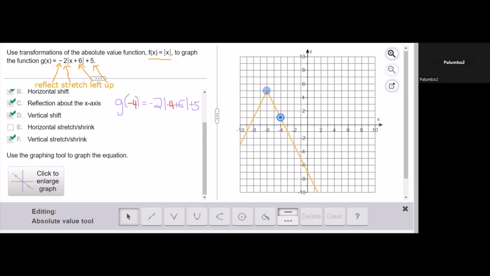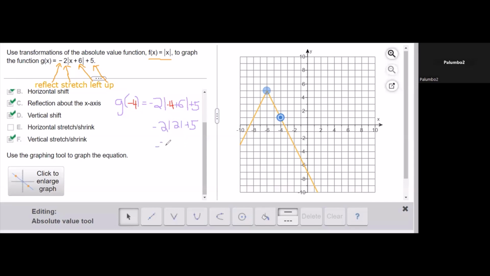Okay, follow your order of operations. We need to do what's in those absolute values first. So I have negative 4 plus 6. That's going to give me 2. I have the absolute value of 2. Drop down the minus 2. Drop down the plus 5. The absolute value of 2 is actually going to be 2.